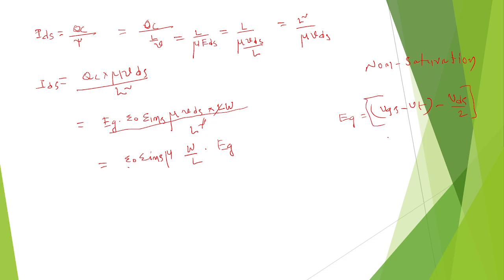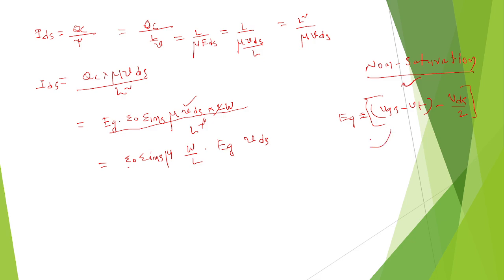So this is at the non-saturation region, where VDS is already there. This is the voltage for not going into the saturation region, the minimum voltage that is not enough to take the transistor into the saturation region.